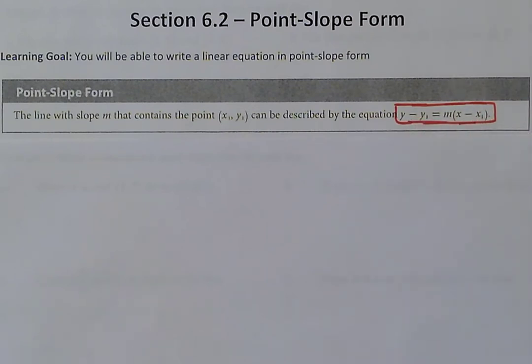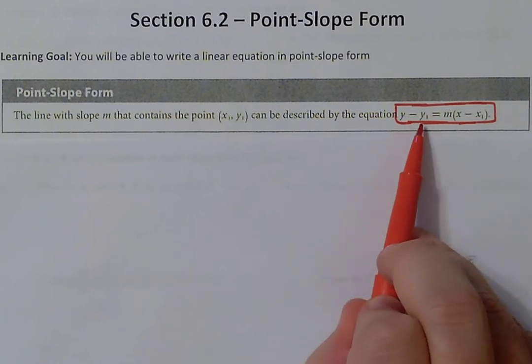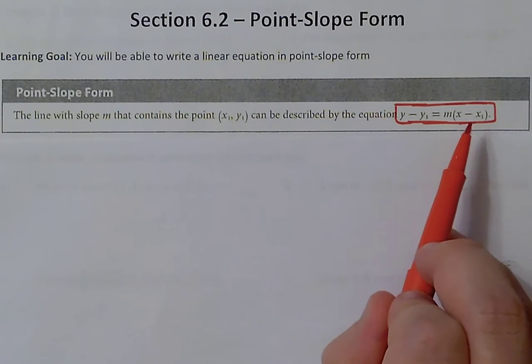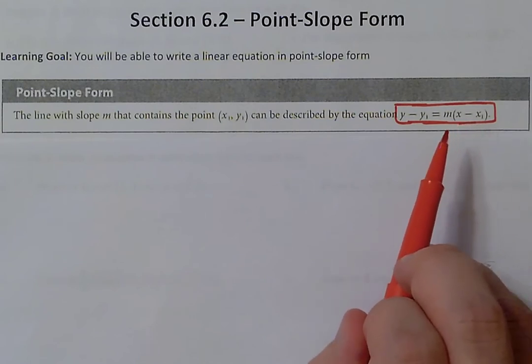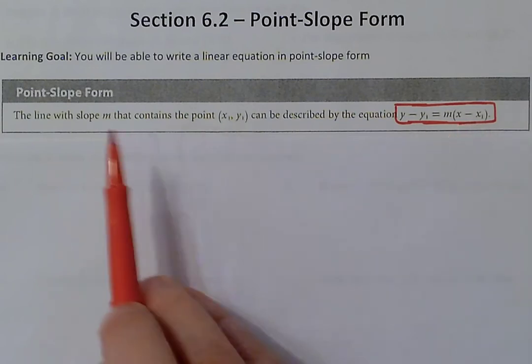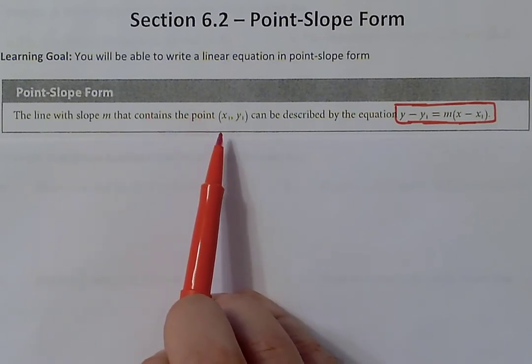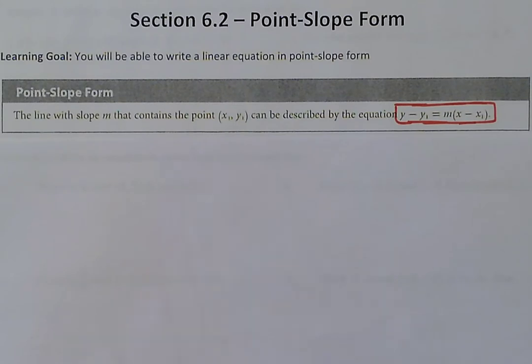So all you need today is a slope, your m, and one point that the line contains. We're going to go through and write different equations relating to that.